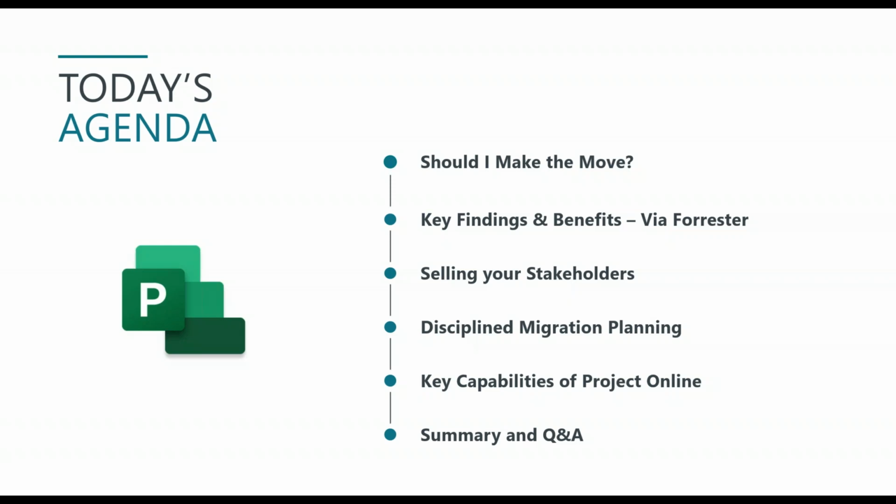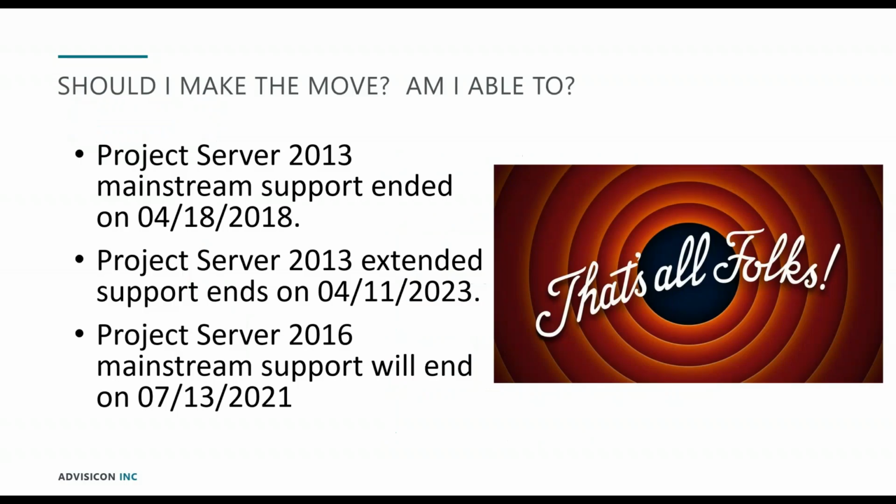At that point I'll bounce over to my browser and we'll look at the new Project for the web, and Teams, and how you can access projects within Teams and Power BI, all the lovely things you get now with Project Online and Project for the web, all within the Office 365 suite and all the integration. At the end, if we have time, I'll do a quick summary and then we'll take some Q&A. So with that, let's go through.